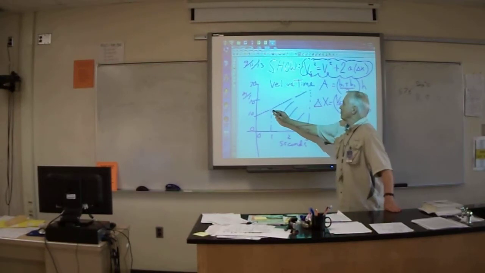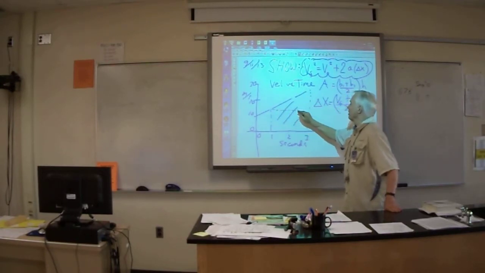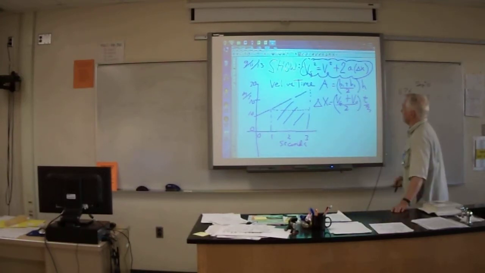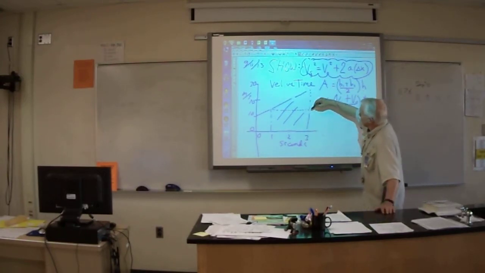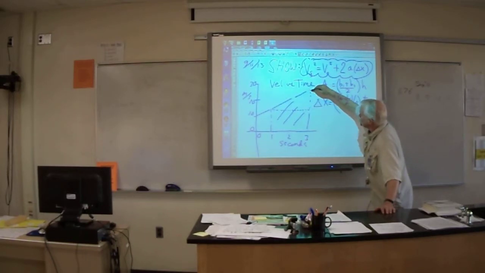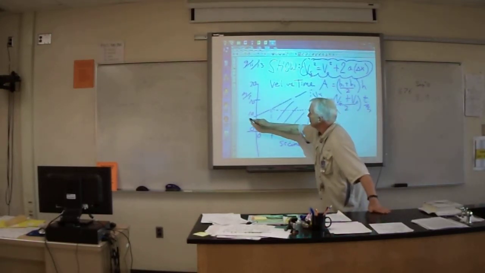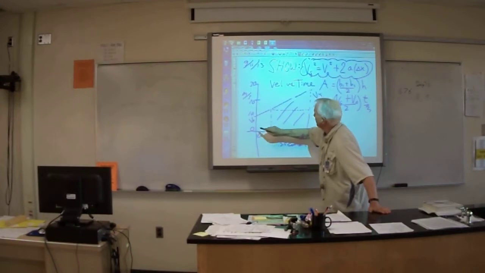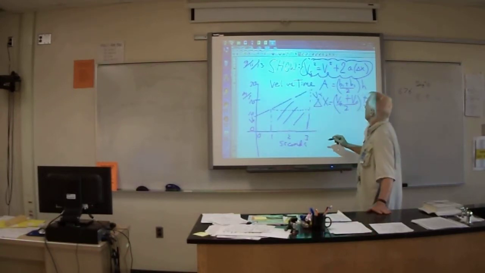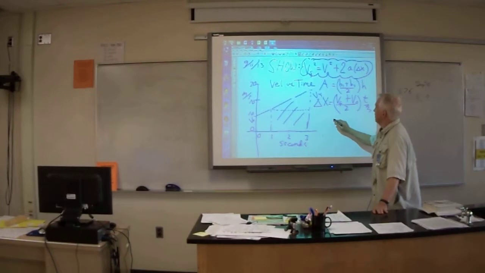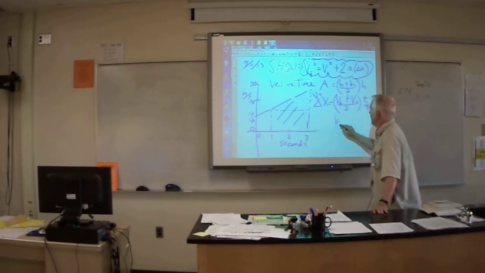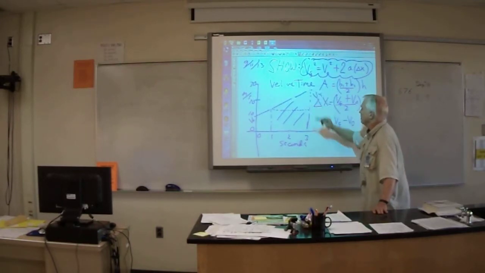Now if I look at the slope of this line here, I'm going to draw another dotted line over here. This segment here, this rise is v final, this total height, minus v initial, v naught. If I take v final minus v initial, I get the rise.